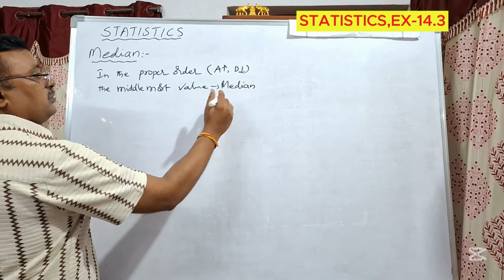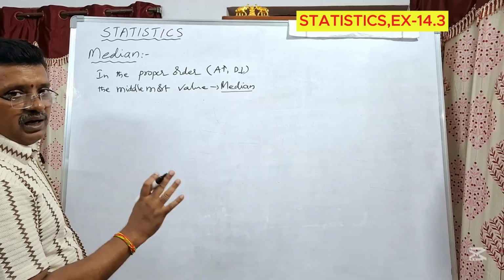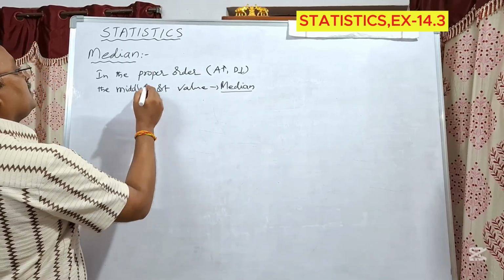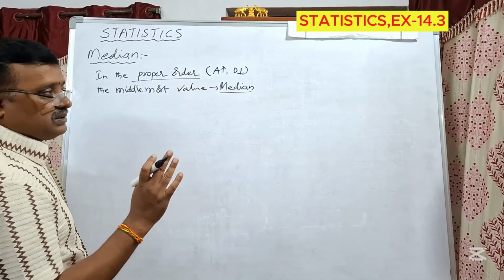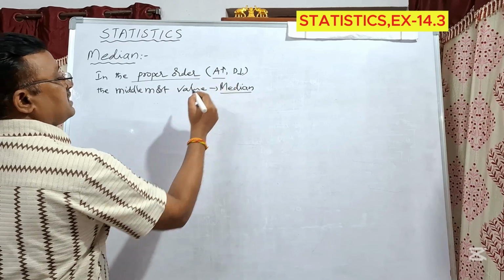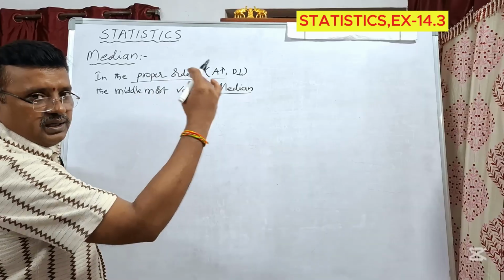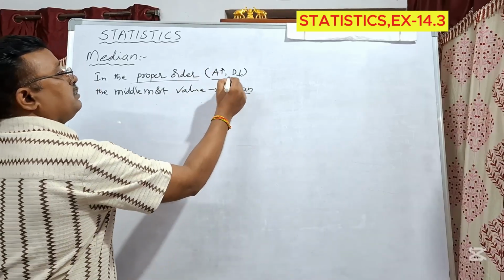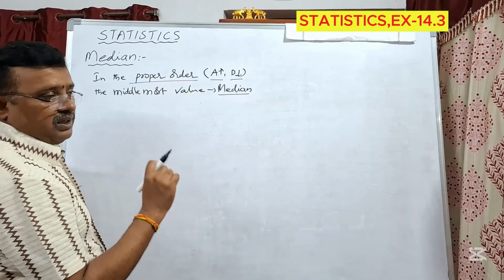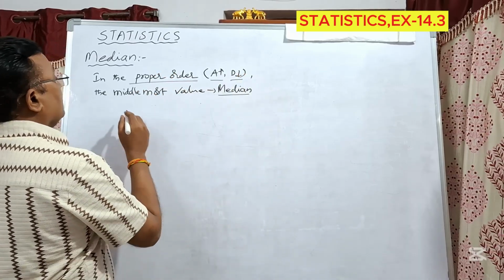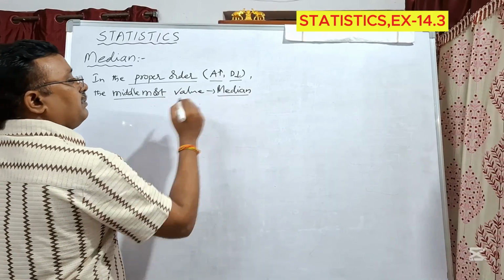Understood? So to find the median of some observations of a data, first we need to arrange them in the proper order, either ascending from lowest value to highest value, or descending from big value to small value. After that we choose the middlemost value, that will become the median.